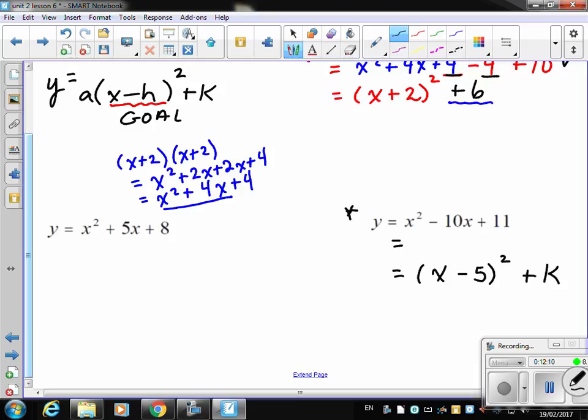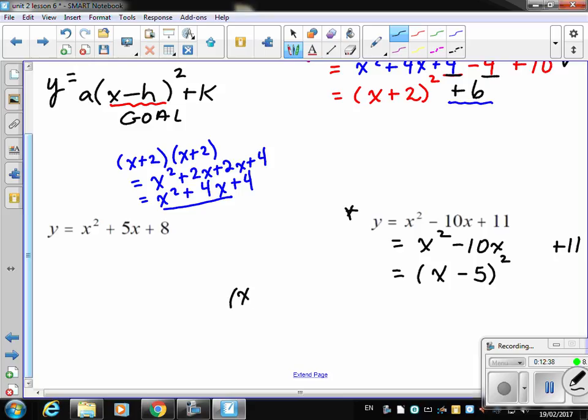So to do that, I have to go back up to line 2 and introduce a new number. Adding it and subtracting it to the equation won't change the equation. So x squared subtract 10x, then I'm going to add and subtract a number, and don't forget your 11. So what is that magic number that I'm adding and subtracting into the equation?